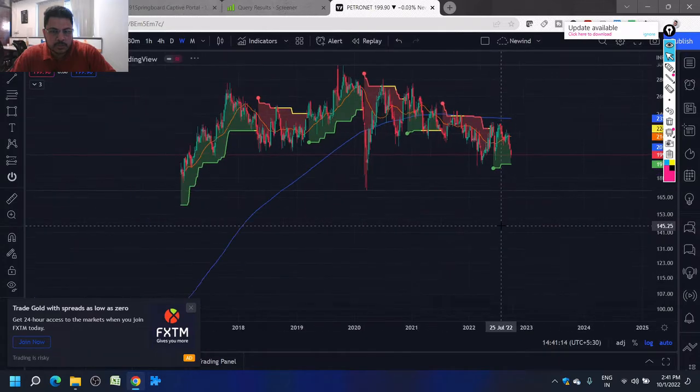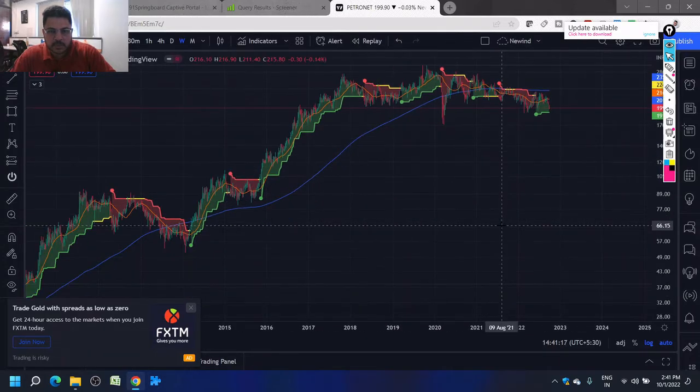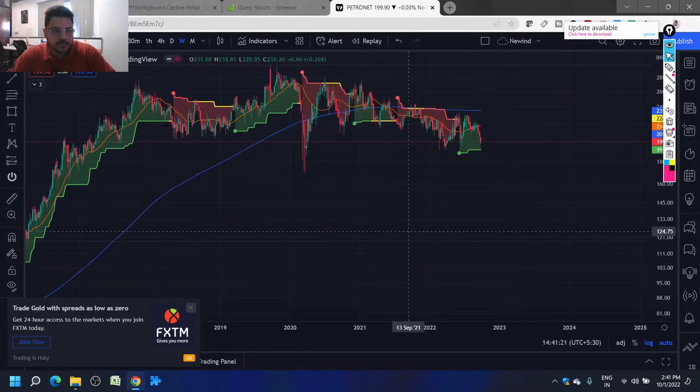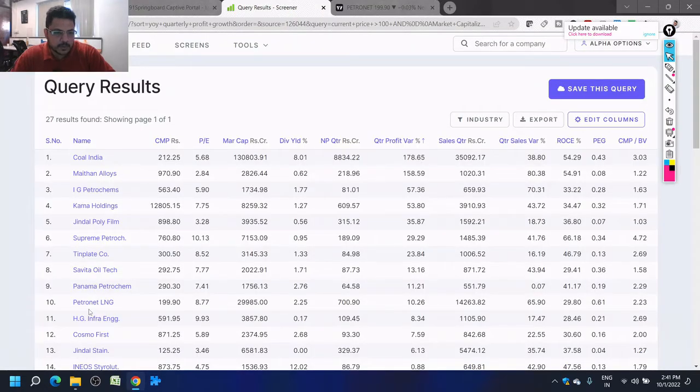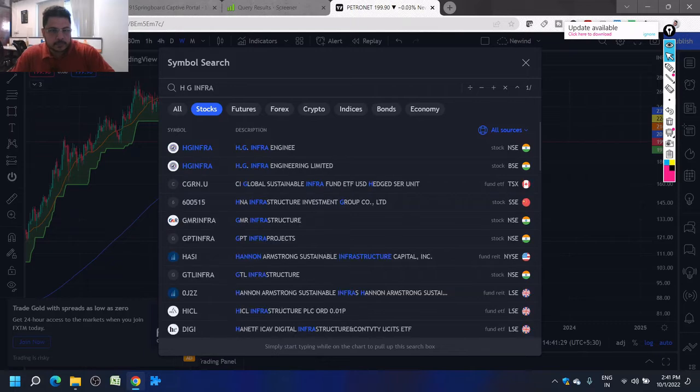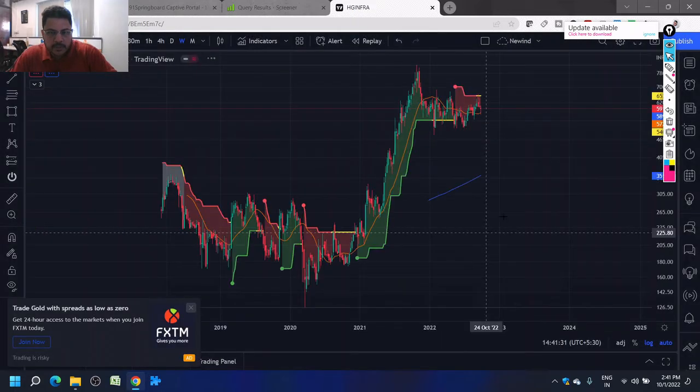Petronet LNG is nope, it's a downtrend right now. Fundamentally good, but it's in a downtrend. Not for investment. HG Infra Engineering. Let's see this stock.